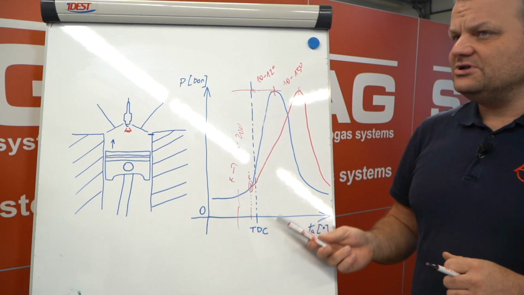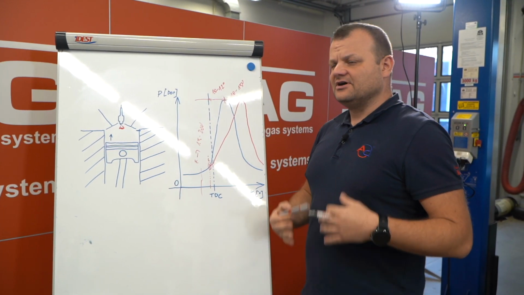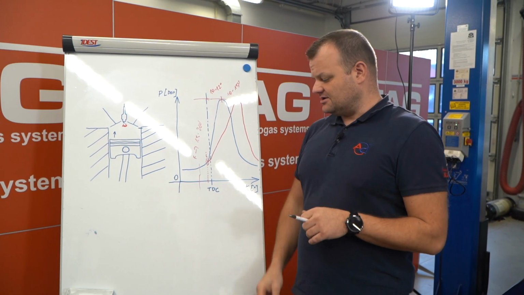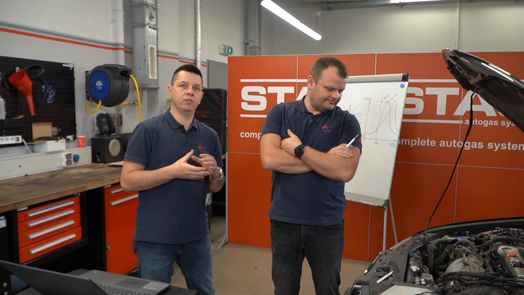That's the reason why we need to add an additional TAP unit to the full conversion kit. After the connection of the TAP, we can change the ignition timing by changing the values from the camshaft and crankshaft position sensors.